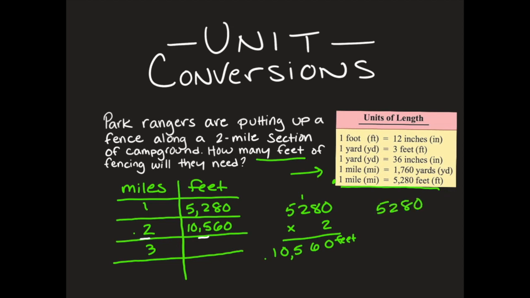Take that 1 mile, which is 5,280, and multiply it by, I want 3 of them. 3 times 0, 0. 3 times 8 is 24. 3 times 2 is 6, plus 2 is 8, and 3 times 5 is 15. So now, 15,840 feet.